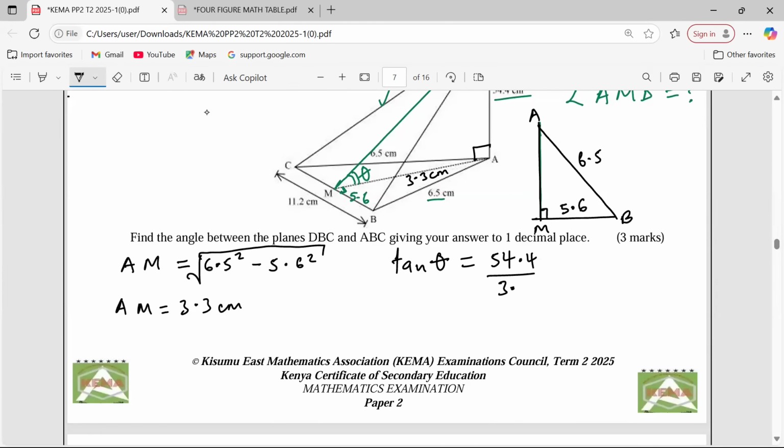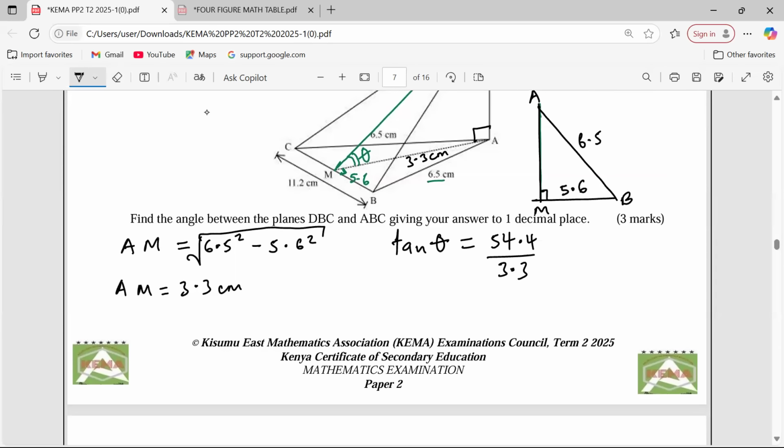Opposite of adjacent, which is 3.3. So now with this, then the theta itself can be found. That means we pick the tan inverse of 54.4 over 3.3, and this will give us the angle. We must ensure that it is to 1 decimal place according to the instructions.